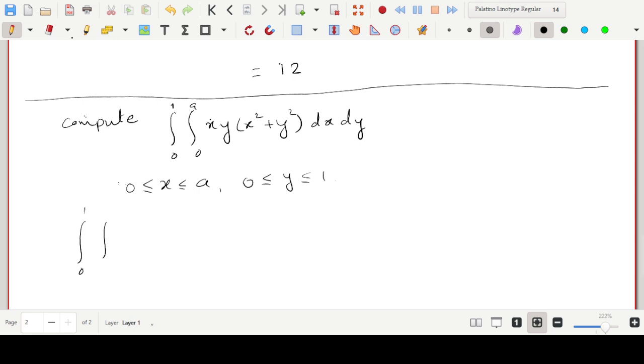0 to 1, 0 to a, xy. So we can solve this bracket, we can multiply out throughout. So we get x cube y plus x y cube dx.